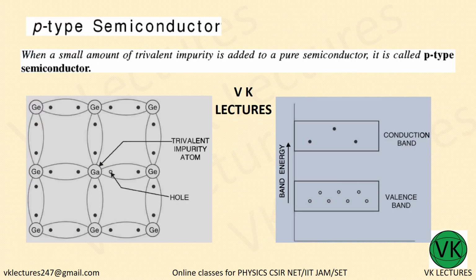Now, the p-type semiconductor. P-type semiconductor means a trivalent impurity. Instead of 4 electrons being shared, now here we have only 3 electrons to satisfy the covalent bonding.